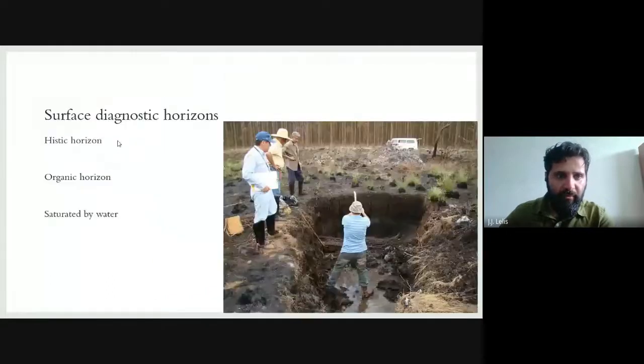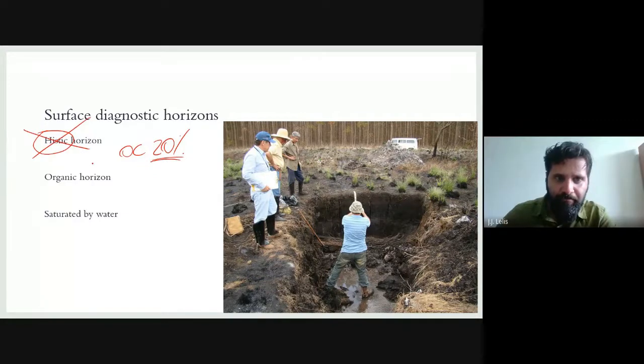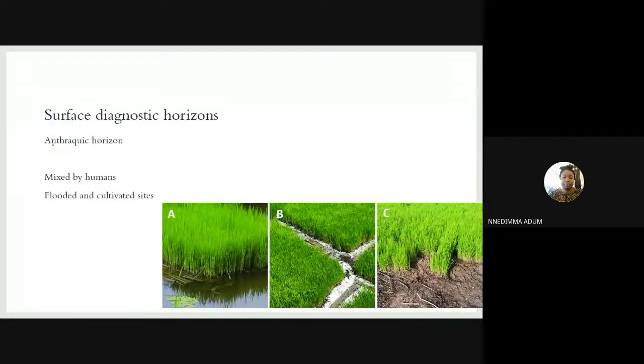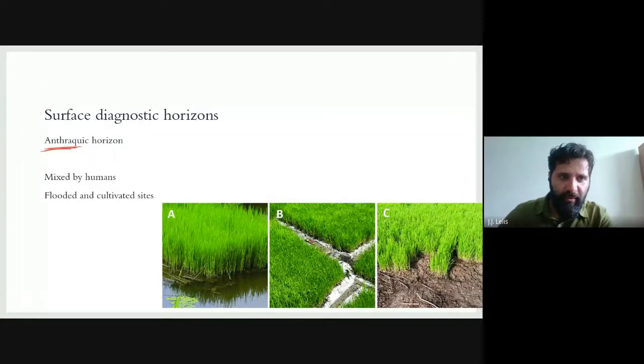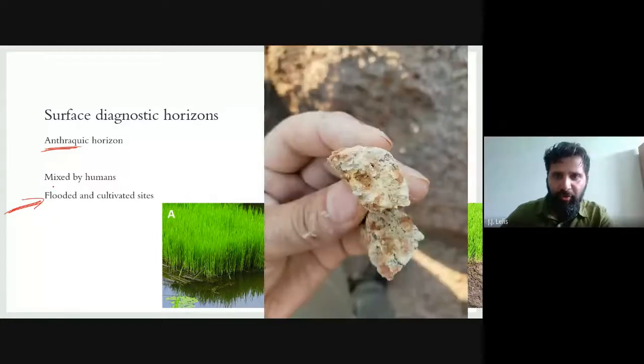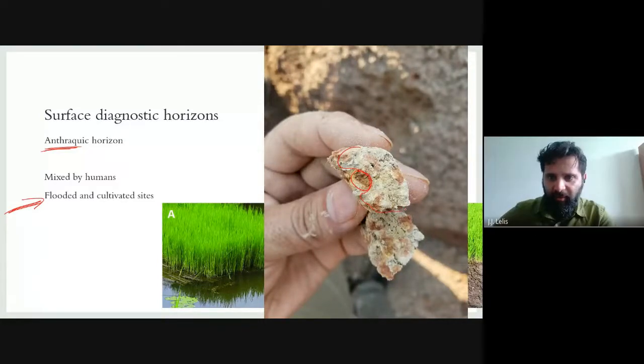We can say the same for the histic horizon because it also needs a high content of organic carbon. Do you remember? At least 20%. So it's not a histic horizon either. A gleyic horizon should present mottles and gray colors.